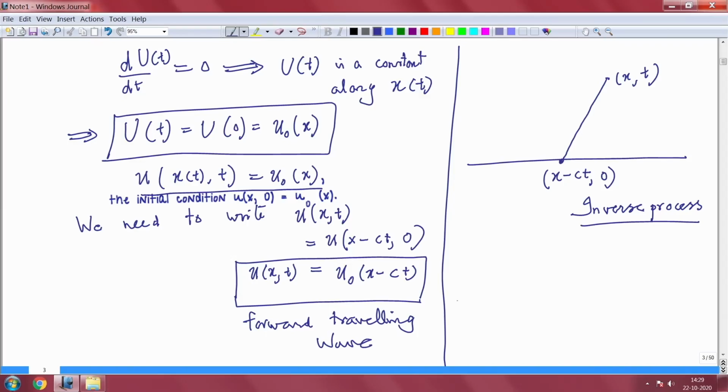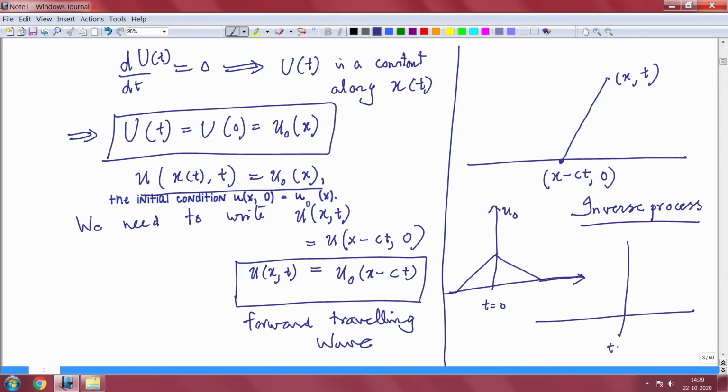If you look at various plots, suppose I plot it here when t is equal to 0. Suppose my initial profile is something like that, this is my u naught given. Then after some time it will move forward.